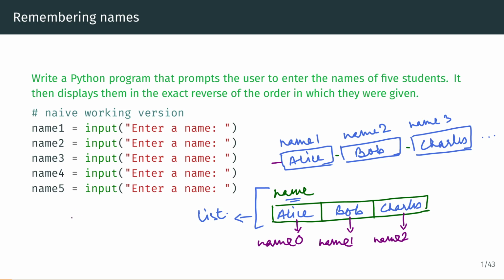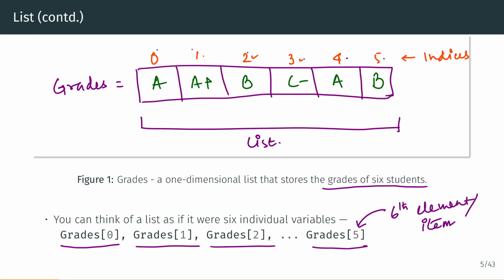Now when you put these in a list, instead of name 0, name 1, name 2, just add a square bracket. Think of each of these positions as a separate variable.